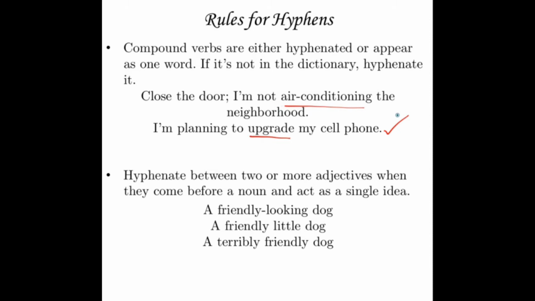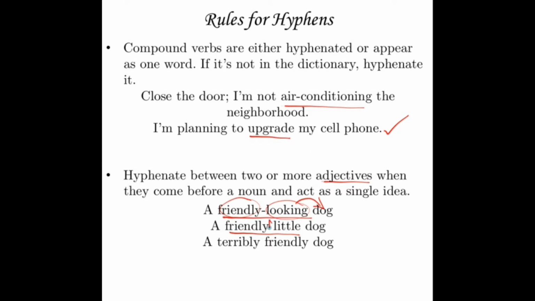Next, hyphenate between two or more adjectives when they come before a noun and act as a single idea. So, for example, we say a friendly-looking dog. Friendly-looking is one whole phrase describing what kind of dog we're talking about. You don't say that it's a friendly dog and a looking dog. What is a looking dog anyway? But, if you look at it down here, a friendly little dog.